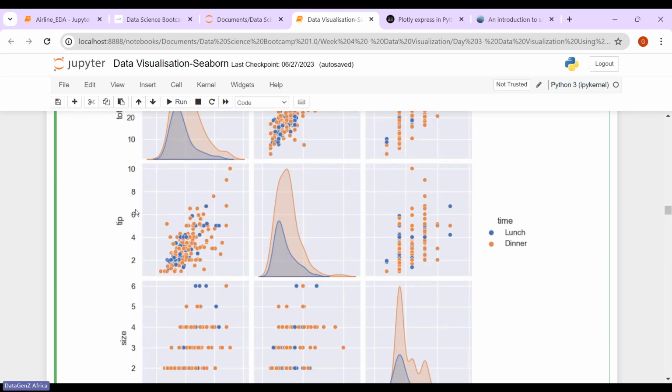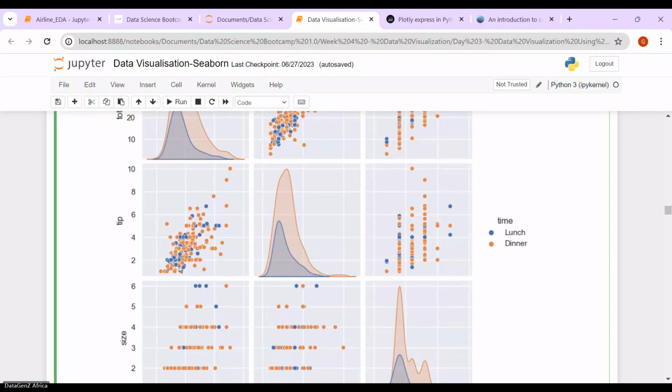Now you can see that, looking at total bill and tip, we have more people eating during dinner. You can't see it from our table, but with this visualization you're able to see that the people that ate during dinner are actually more. You have more yellow than blue.